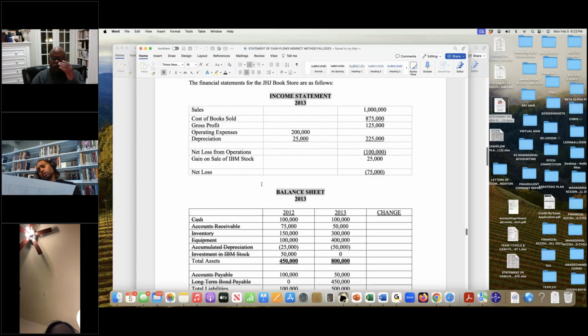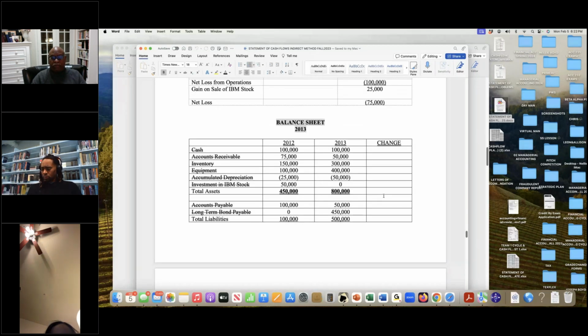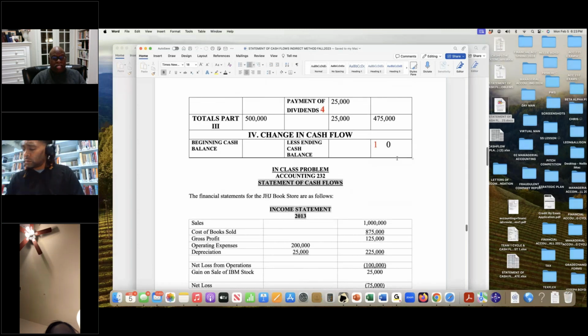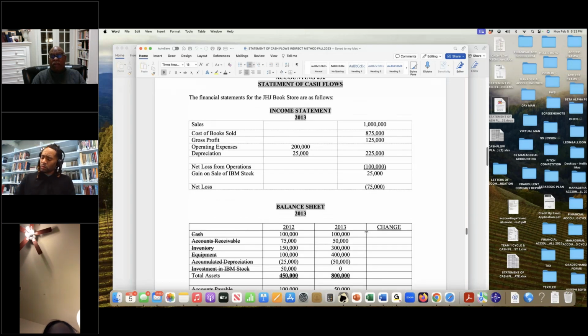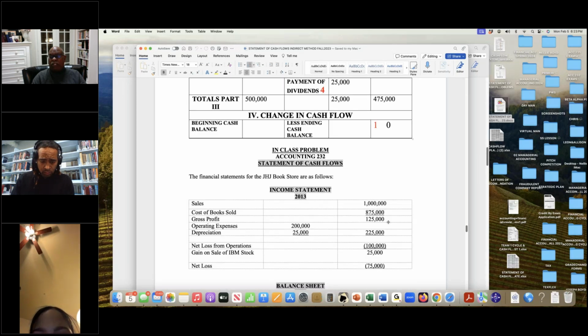And I gave you four things to do first when you do the cash flow statement. And they're in here in red. I told you the first thing you did was look at the change in cash. It was zero in this problem. That's the answer to the problem. Zero. I told you the second thing you would do would be go to the income statement.